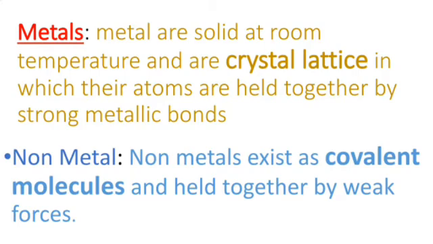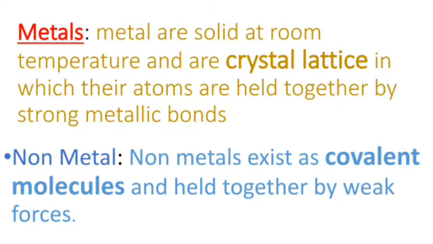Metals are solid at room temperature and are crystal lattice. Crystal lattice is the main key point on metal. So metals are solid at room temperature and are crystal lattice, in which their atoms are held together by strong metallic bonds.